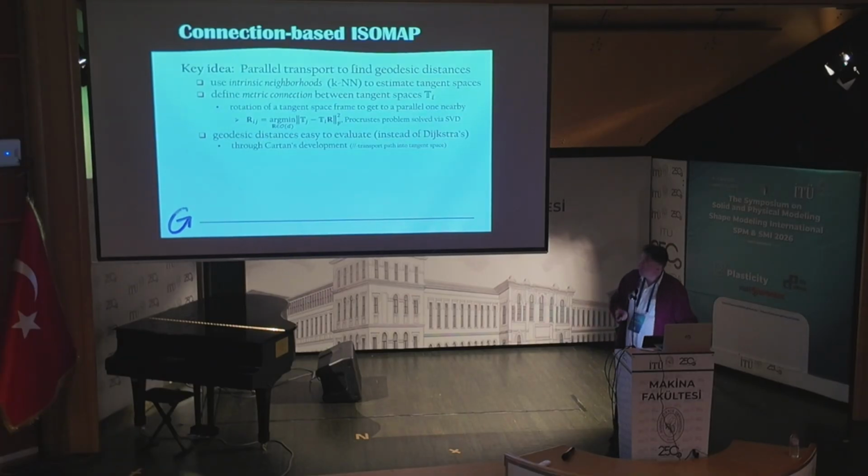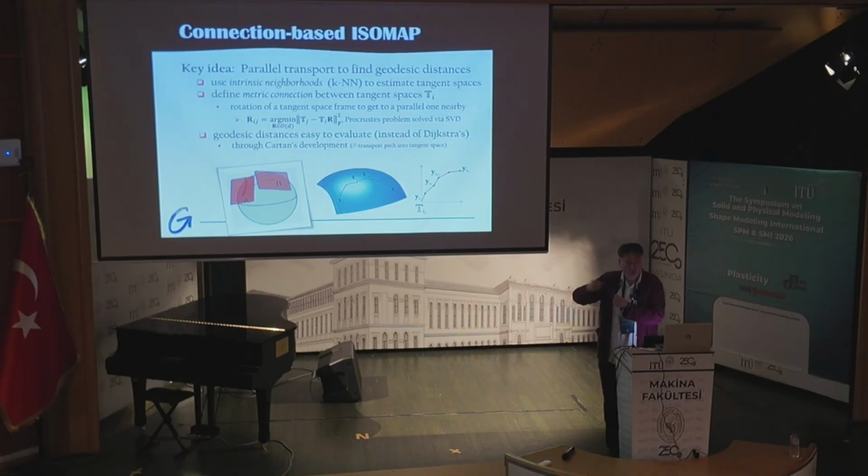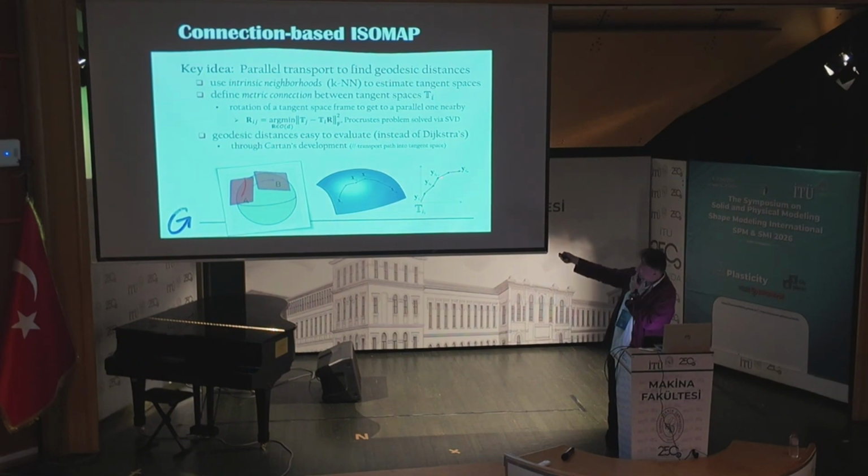And then we can actually evaluate the geodesic distances much more accurately than Dijkstra using something called Cartan's development. Not going to go through the details, but basically what it does is the parallel transport of the curve of the path between 2 points. So if you think about one point I1 going to this point IM, if you do the parallel transport of the curve into the tangent plane at I1, you see a curve like this.